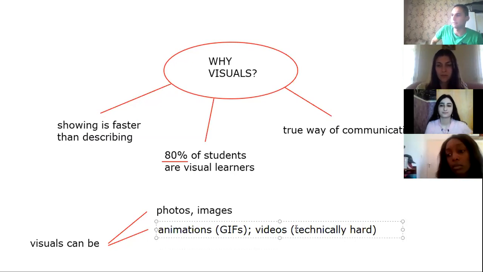Because if you watch some video, you need a very good internet connection, and also the video should be smooth, so they have to see every change which is happening in the video. Sometimes technically it's hard to do through sharing.